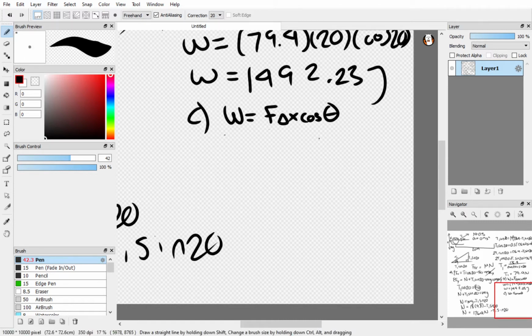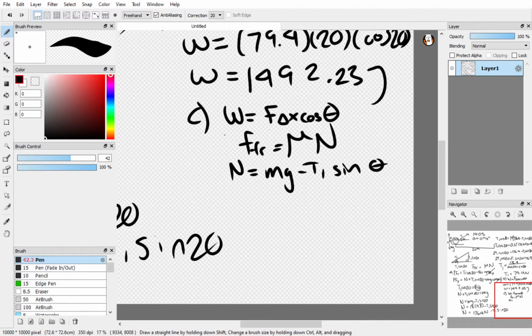we're going to take into account that the force of friction equals mu N, and also we're going to use the equation N equals mg minus T1 sine theta that we got in part A of this question.